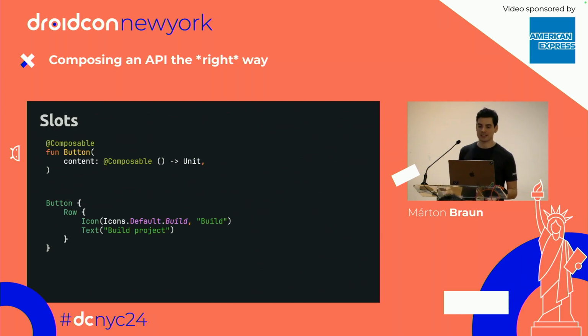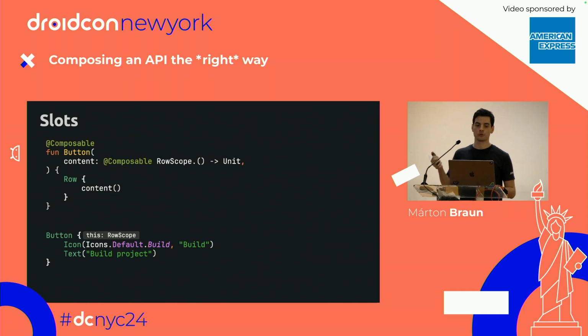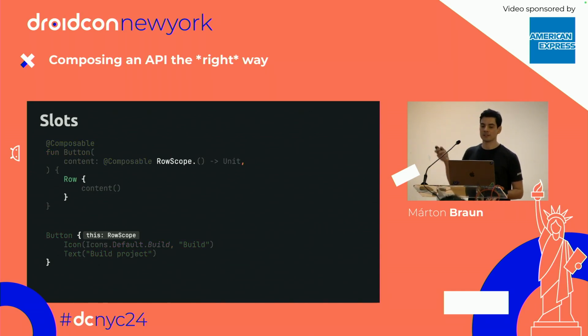You can also do some more exciting things with slots. For example, if generally speaking, your users tend to have the same layout as part of the UI that they pass in. For example, in the case of buttons, they might usually put things inside a row, like we are doing here on the call site. Then you can actually place that row into your implementation and let the call site know that you are already arranging whatever they're passing in into a row. And the way to do that is to, first of all, call that row layout as part of your implementation somewhere, and then also to add the row scope receiver to that composable function.